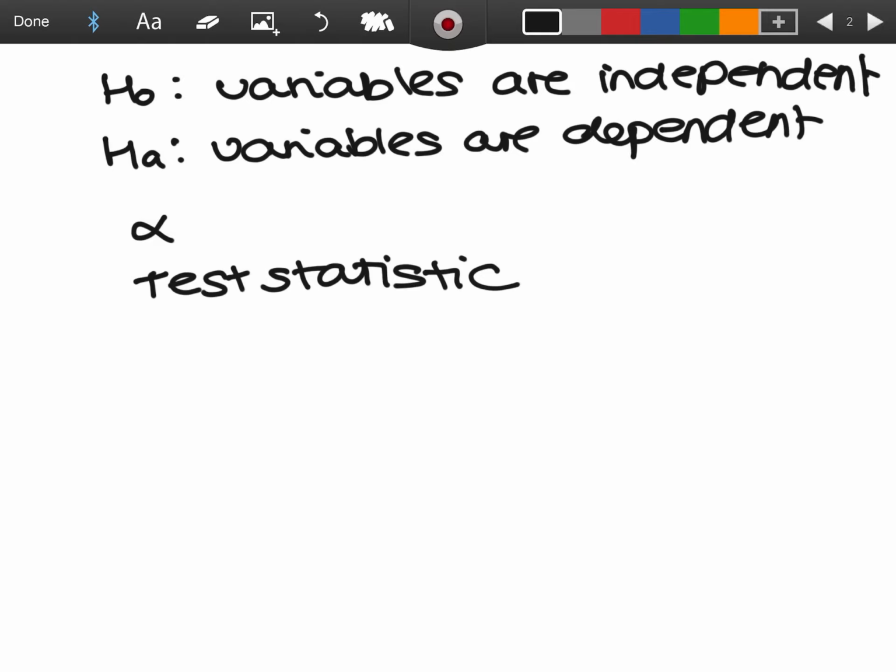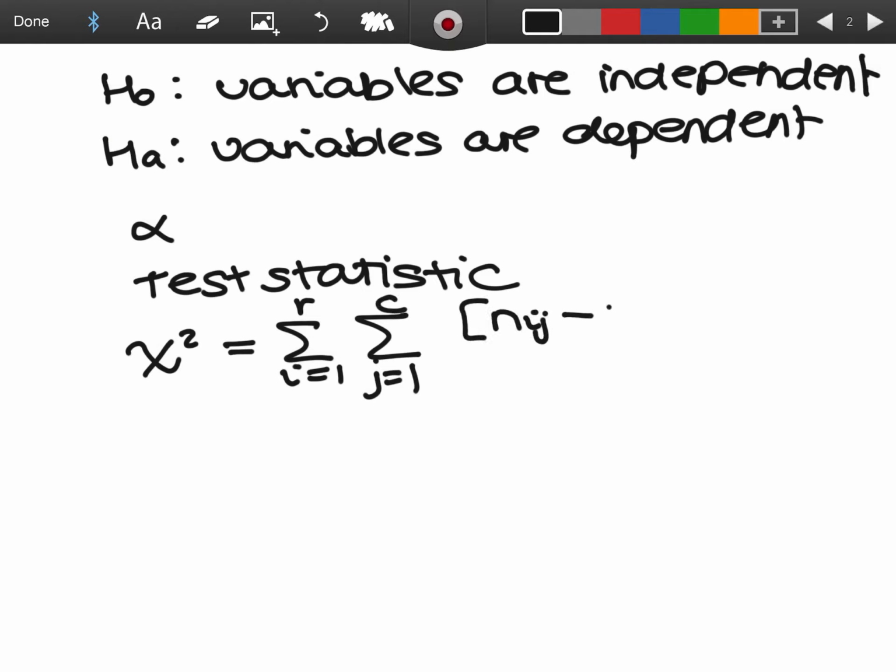However, the calculator will do this for you, so don't worry too much about this. I will write down what the test statistic is. We call it chi-squared, again, is the test statistic. And I will explain to you what this actually says. But as I said, you're not going to have to use this because your calculator will do all of this calculation for you.